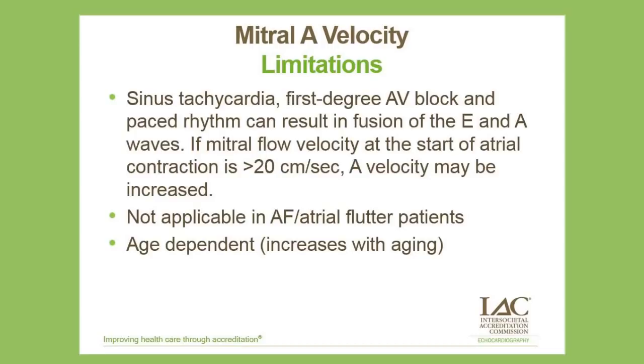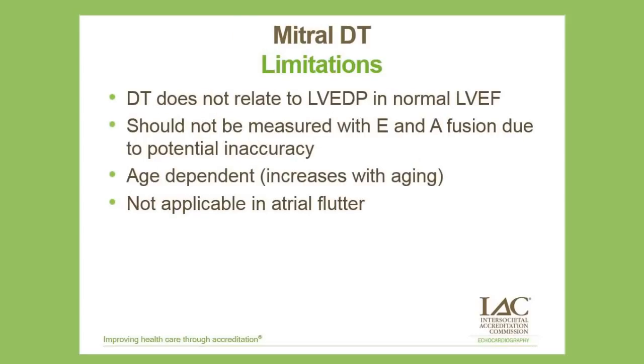If you have them partially fused and the mitral flow velocity at the start of atrial contraction is greater than 20 centimeters per second, it may falsely increase the A velocity, and then it makes the E/A ratio false. It's also not applicable in A-fib or atrial flutter patients, and it is age dependent.